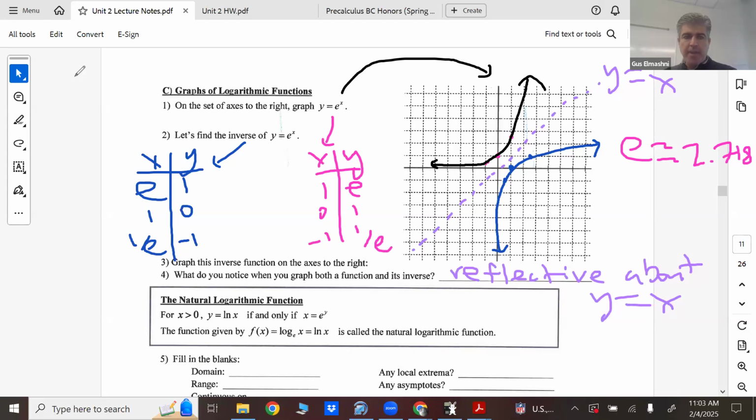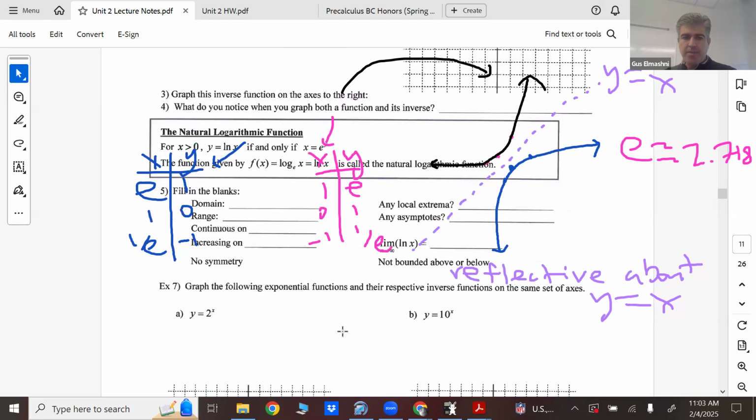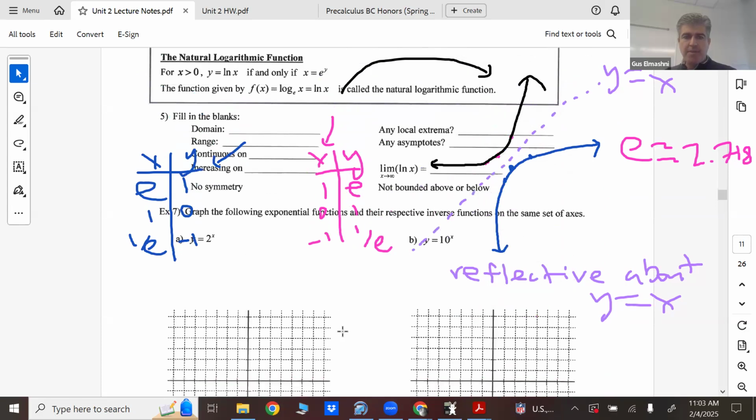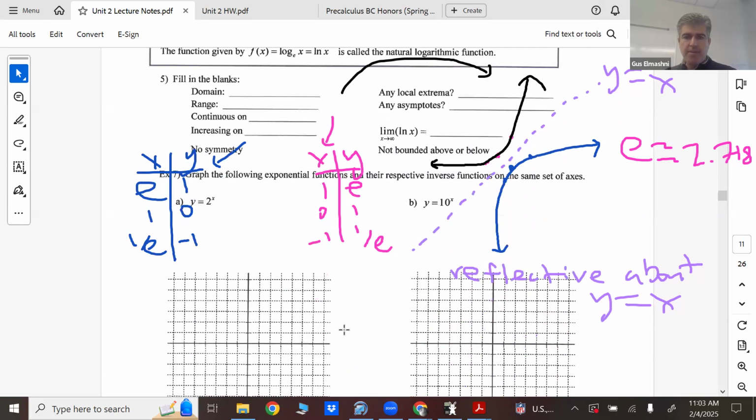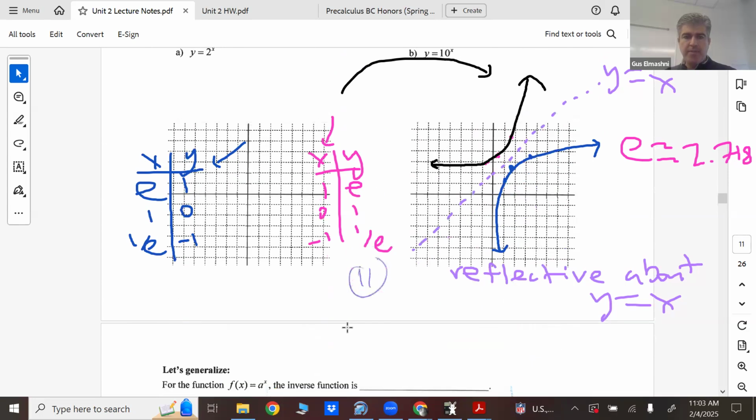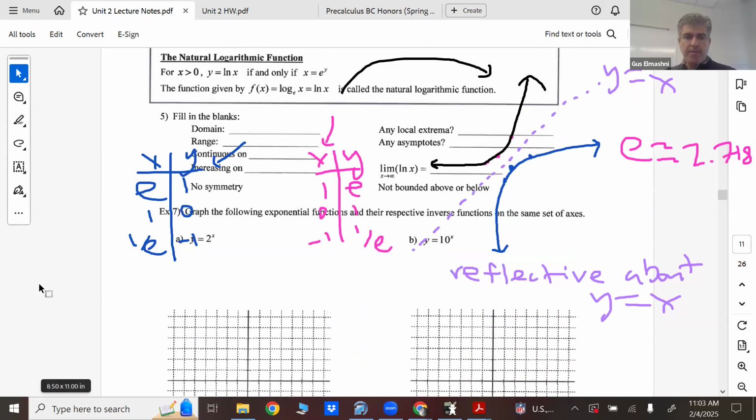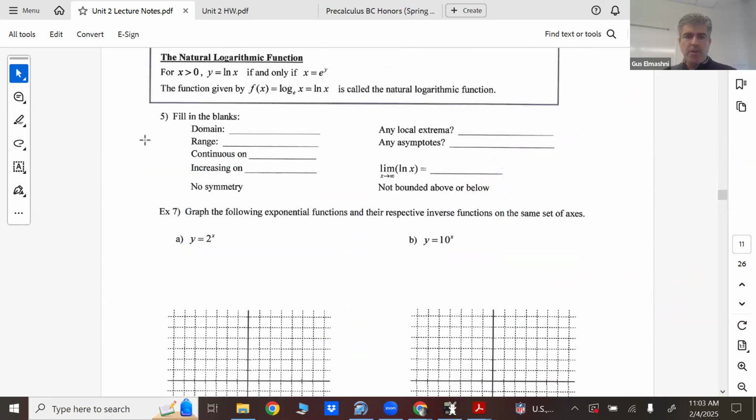Let's fill in the blanks. Now let's do more graphs, then we can generalize down below. So the domain was x is bigger than 0. Local extrema, there are none.